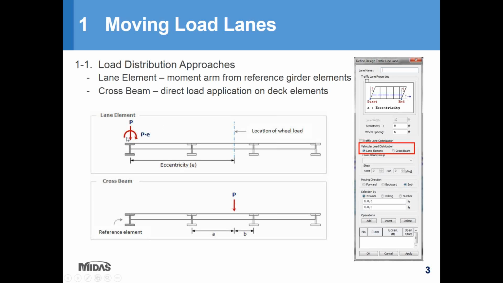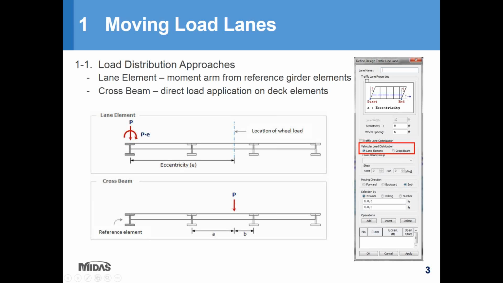It's clearly described in the picture here. I directly copied this picture from our online help manual, which users can access by pressing F1 with MIDAS Civil open on the window. I'll continue with the presentation.